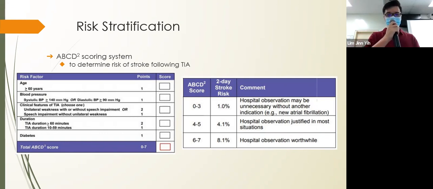We look at age, blood pressure, the clinical symptoms of TIA, whether there's one-sided weakness with or without speech disturbance, and the duration of TIA. As you can see on the right side, there are different risk categories: 0 to 3, 4 to 5, and then 6 to 7.